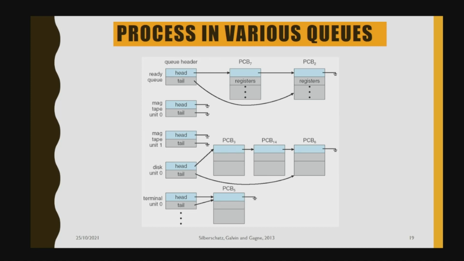So when we have many processes like this, the process scheduler is responsible for selecting an available process for execution on the CPU. For a single processor system, there will never be more than one running process at a time. If there are more processes, the rest will have to wait in the queue until the CPU is free and can be rescheduled.